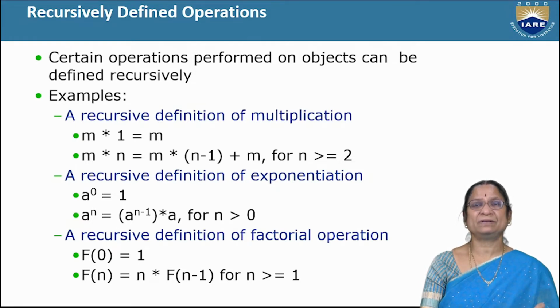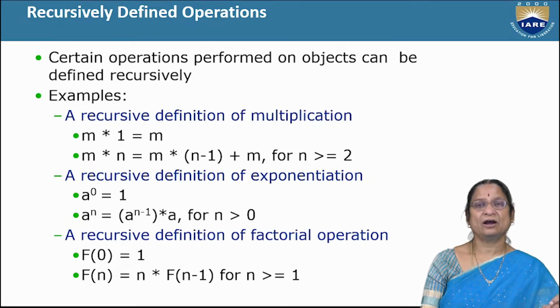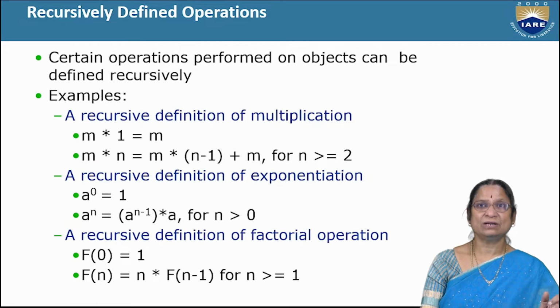For example, multiplication. I want to multiply m star n. How to multiply m star n? m star n is equal to m star n minus 1 plus m, a sequence of additions. What is m star n minus 1 again? m star n minus 2 plus m, again we are adding m plus m, and so on.